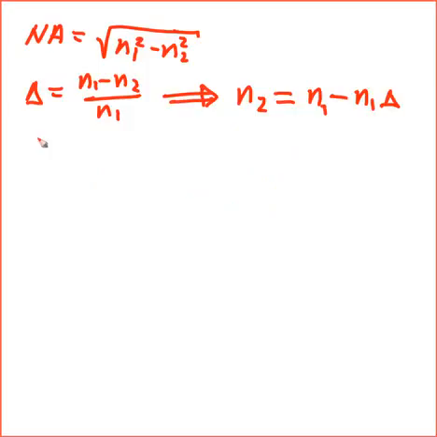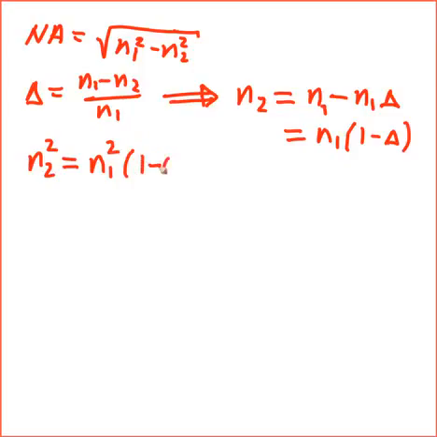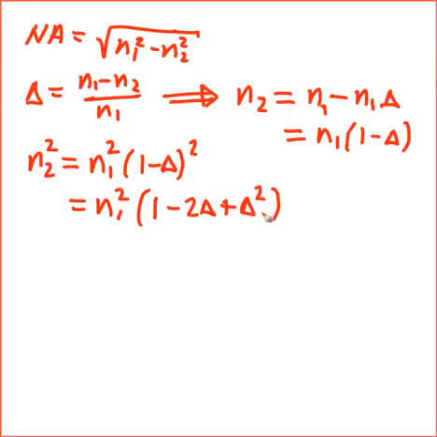And so n2 squared is that thing squared. Why don't I factor out the n1 here, and I get a 1 minus delta. And therefore n2 squared is n1 squared, 1 minus delta squared, which is n1 squared, 1 minus 2 delta plus delta squared.